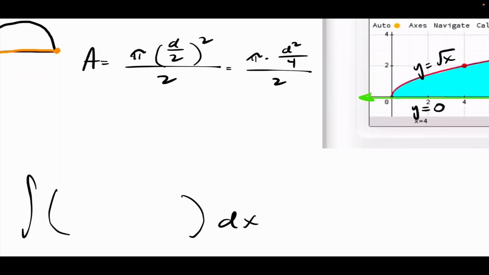So instead of dividing by 2, what can I do besides divide by 2? Multiply by 1/2, the reciprocal, right? So we take this and multiply by 1/2. So I get pi times d squared over 8. That's the guy I'm going to use.